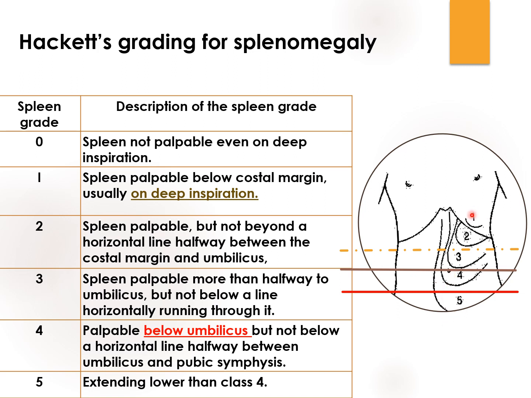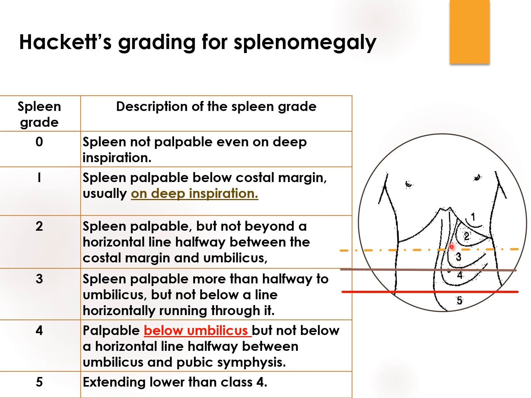So if the spleen is palpable during deep inspiration, we will label it as grade 1, not palpable, grade 0. Grade 2, when the spleen is easily palpable but not crossing this first line between the costal margin and umbilicus. When the spleen is beyond this line towards the umbilicus but not crossing the line at the level of the umbilicus, we label it as grade 3.